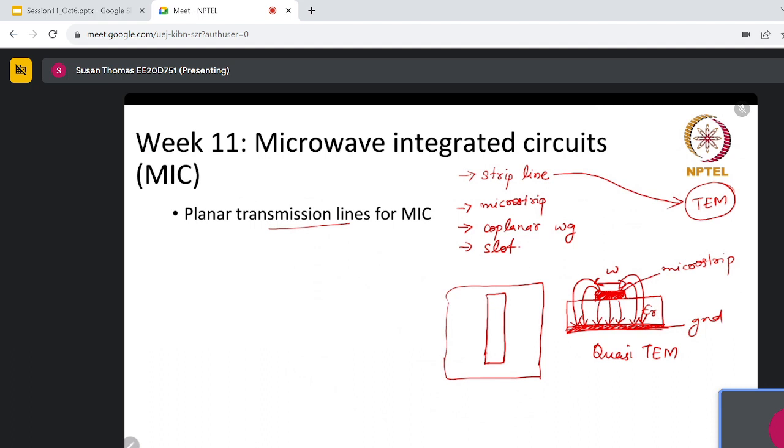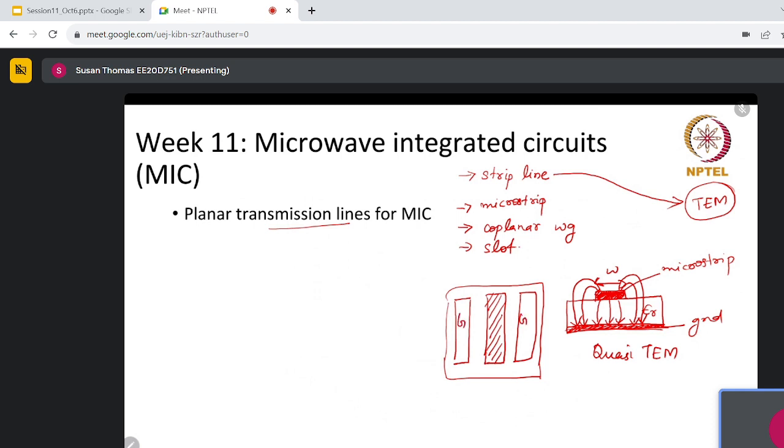Whereas in a coplanar waveguide structure, you have structures like this. If this is the main conductor, this will be the ground.